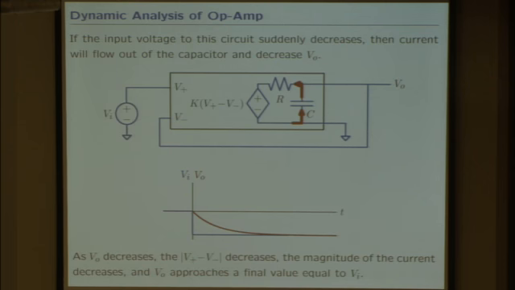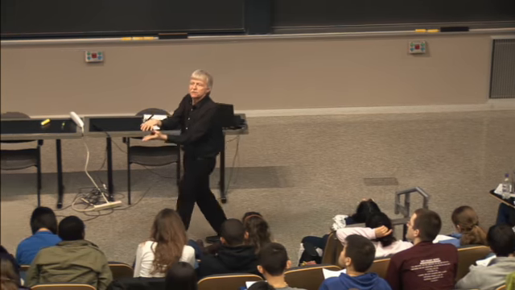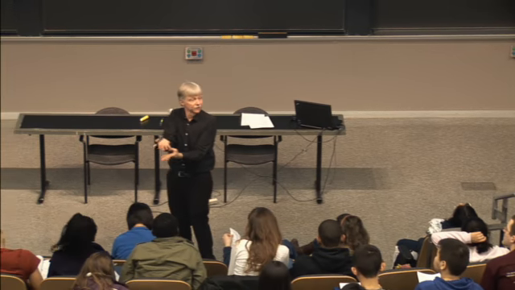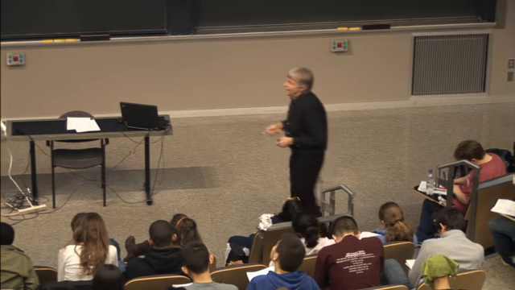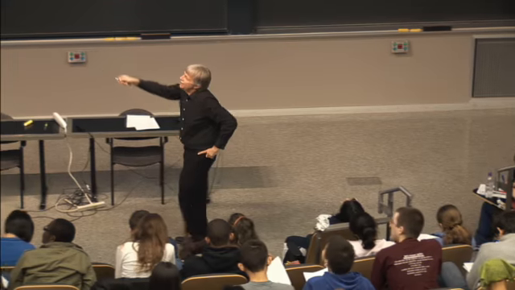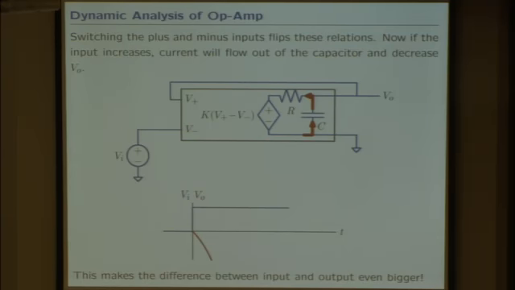The absolute difference between the plus and the minus port would get smaller. The current flowing would become less. And it would again stabilize when the output is equal to the input. Contrast that to what would happen if I put the input into the minus port.